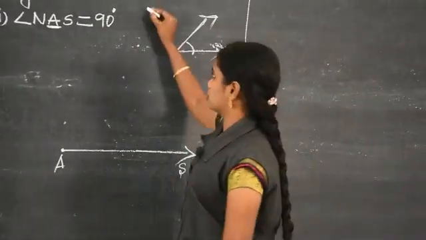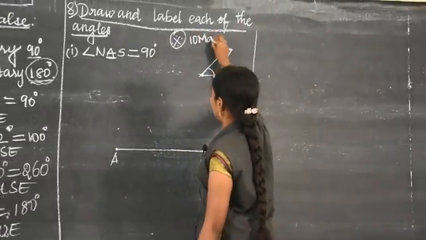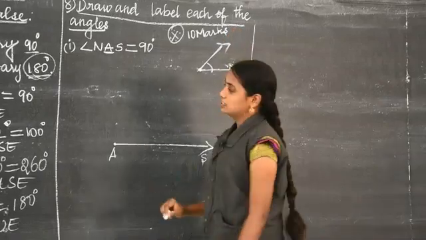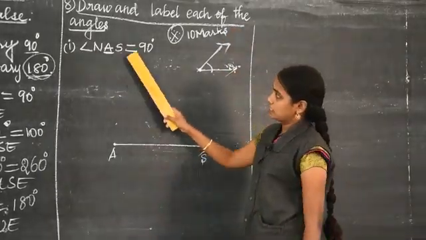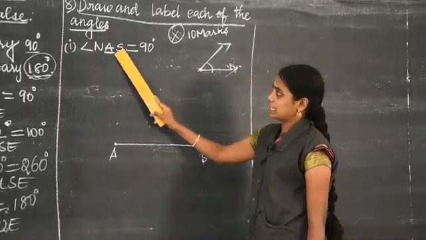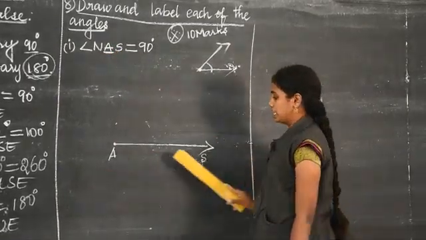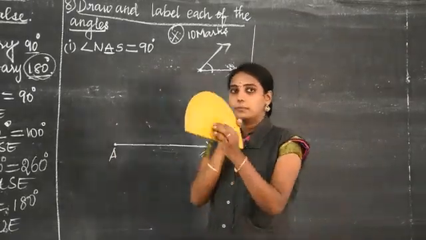It's a 10-mark question. We have steps of construction also for this. Don't lose marks in this. Angle NAS equal to 90 degrees. First draw a ray, named by the second letter and third letter, AS. Next, take your protractor.